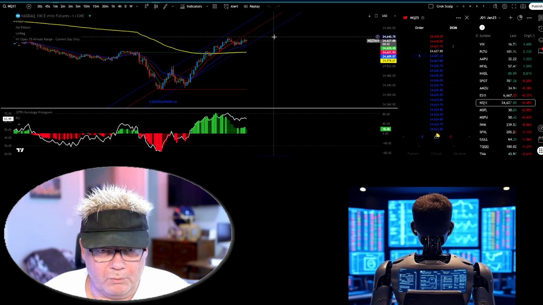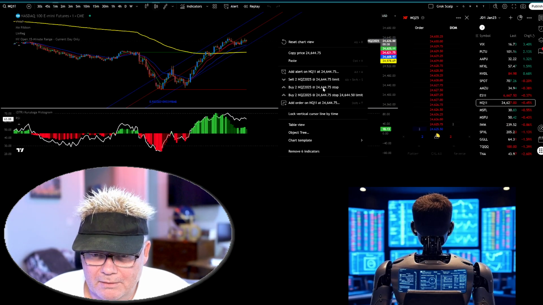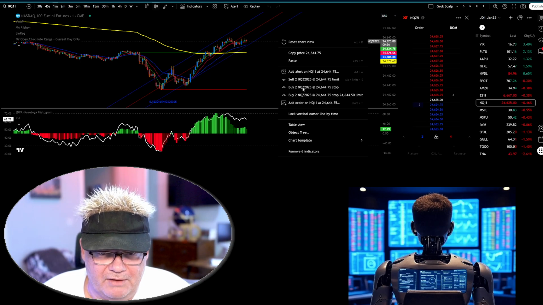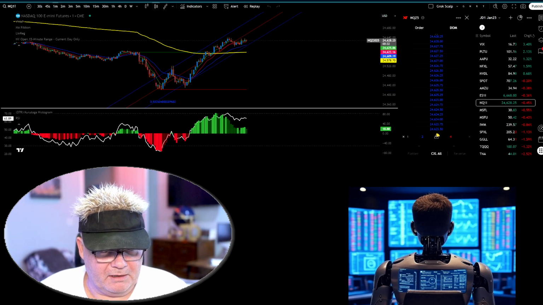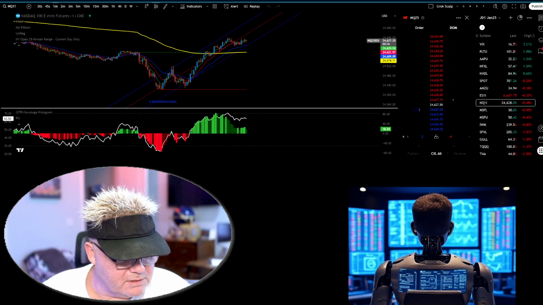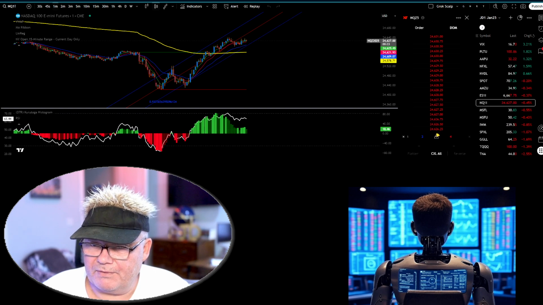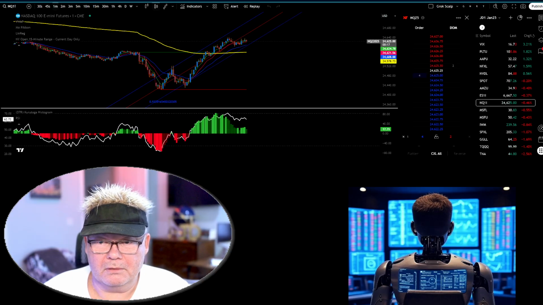So if you right click, it gives you buy at that number. If you left click on that, it's telling me down here that it's in there, but it did not put it on that chart. And it says NQ Z5. All that's right. I've never seen that before.